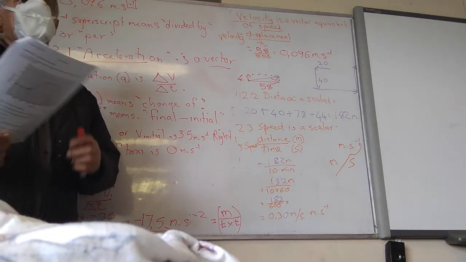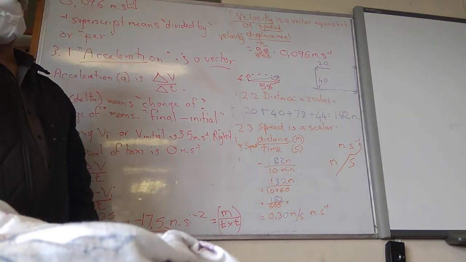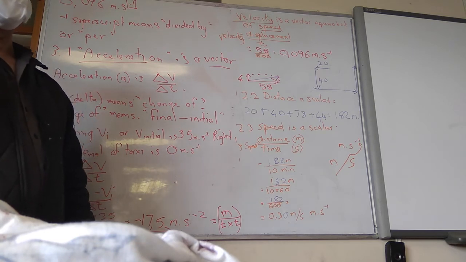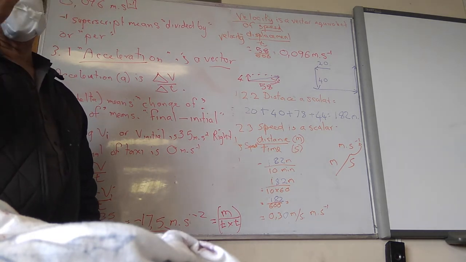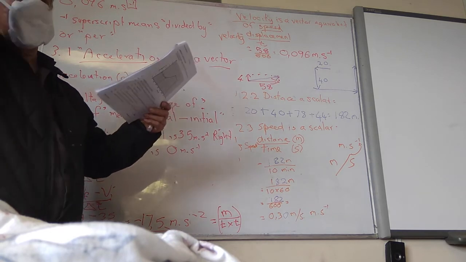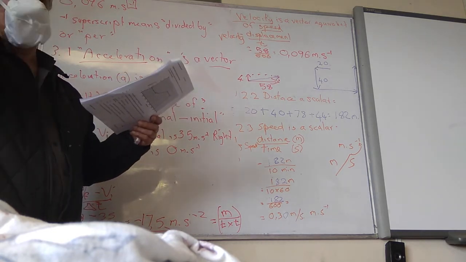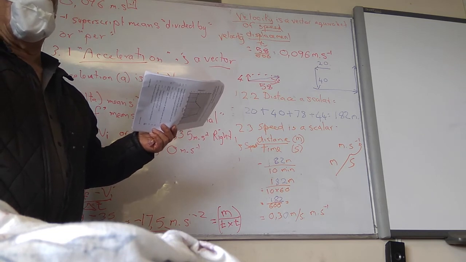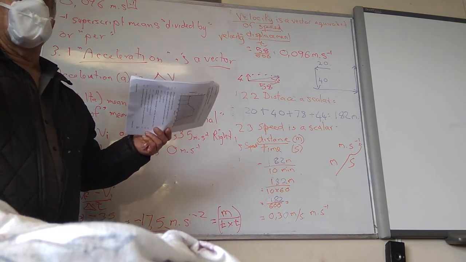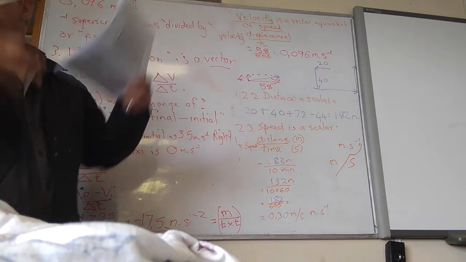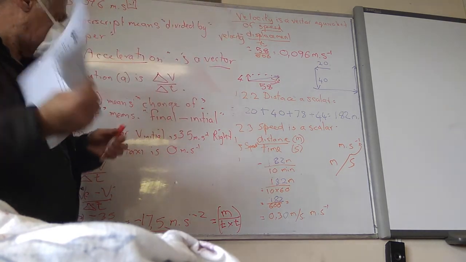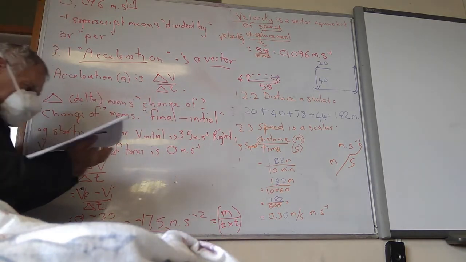Acceleration is a difficult concept. It means change of velocity. Now, velocity has its own meters over seconds. That's a velocity. But when it's acceleration, it's meters over seconds divided by seconds again, or velocity over time. Let me try and explain that. Velocity is meters divided by seconds. That is velocity.